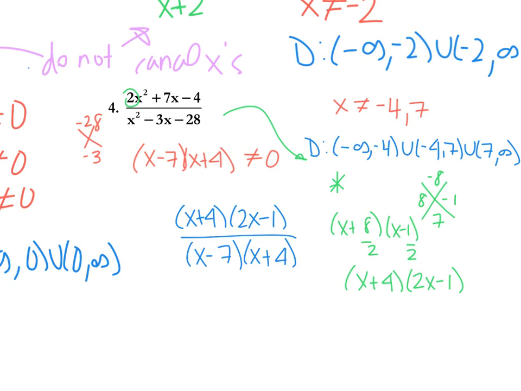And it has to be exactly the same. So in our case, the x plus 4s are exactly the same. So the parentheses have to match up. And I'm left with 2x minus 1 over x minus 7. I can't cancel anything else. The 2x and the -1, or however you want to think of it, are attached. And the x minus 7 are attached. You can't break them up.